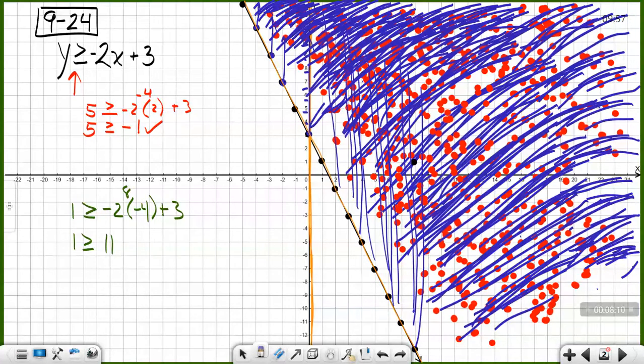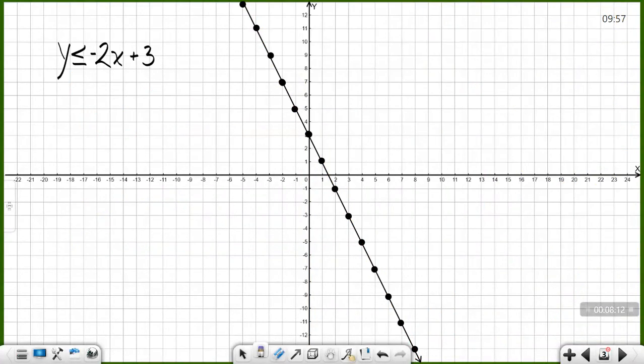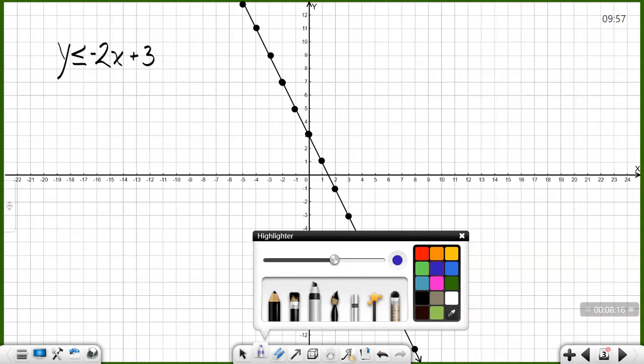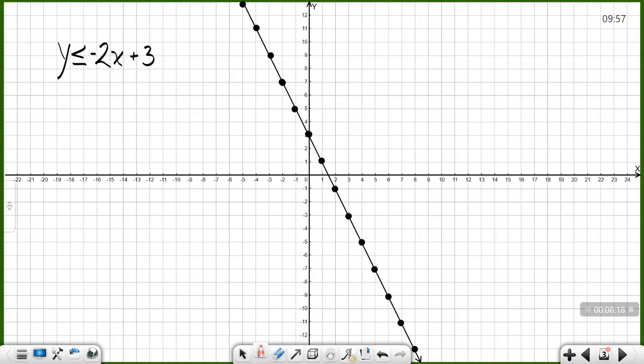Let's change some things up now. What if my symbol was not greater than, but rather what if my symbol was less than? How would this change things? Well, it would now change it so that our solution, instead of being above the line, is now less than. So look at my line. Here's equal. Less than is below that line. Less than is below that line. Any point in this region would make that true. And we can show this with shading that looks like this.